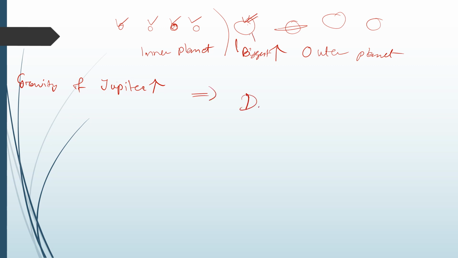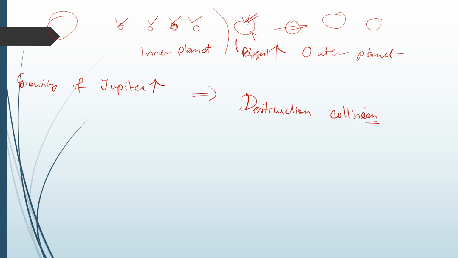Everything was attracted, like the sun is attracting every object. Due to its size, Jupiter is also attracting some materials present in the solar system. So there was a destructive collision.